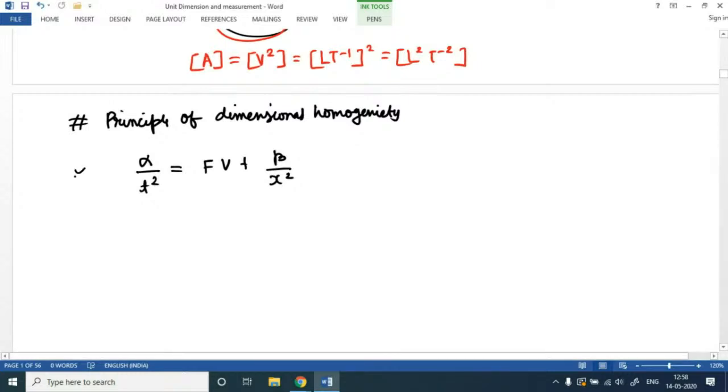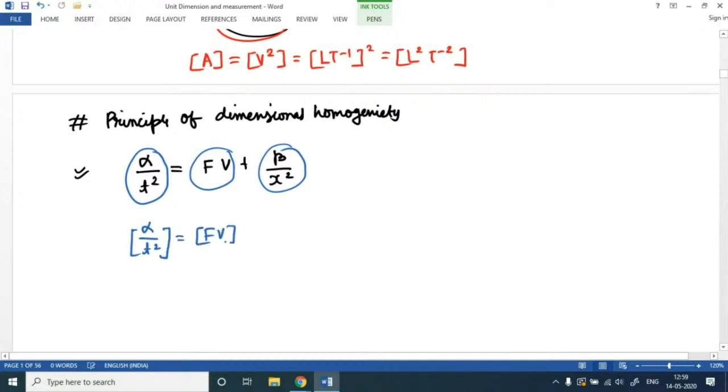When we are writing this relationship and assuming it to be dimensionally correct, the meaning is that we are adding these two terms and comparing them with this term over here. So clearly the dimension of alpha by t square would be the same as the dimension of fv, the same as the dimension of beta upon x square. Knowing this, you can find out the dimensions of alpha and beta over here.